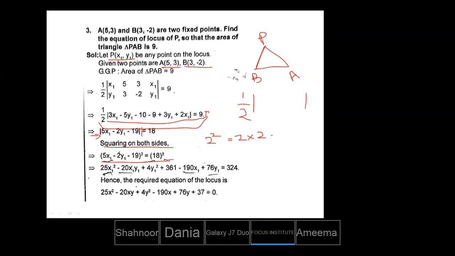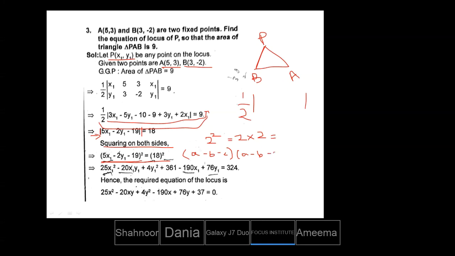Similarly, a minus b minus c whole square will be a minus b minus c into a minus b minus c.